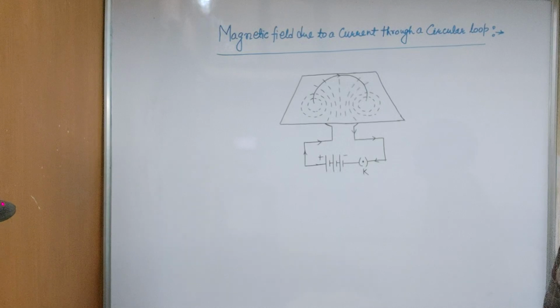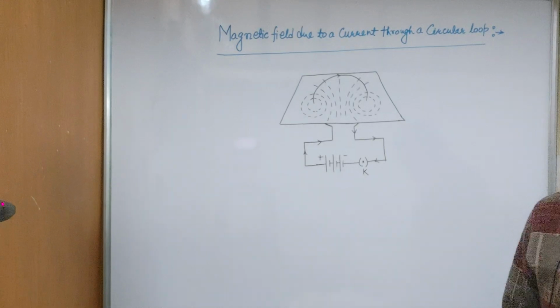Then write the magnetic lines of force near the center of the coil are almost straight lines.